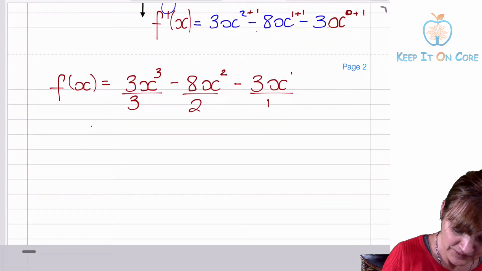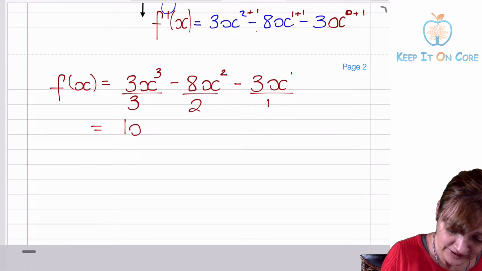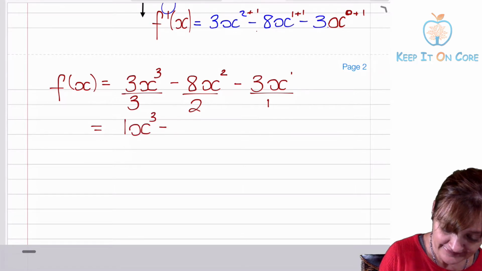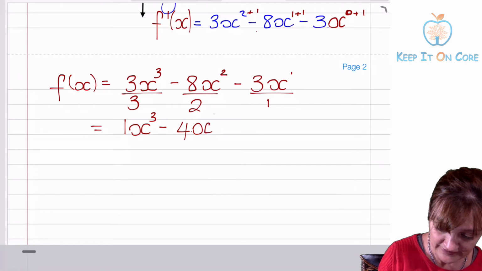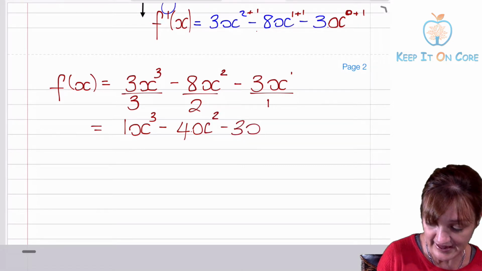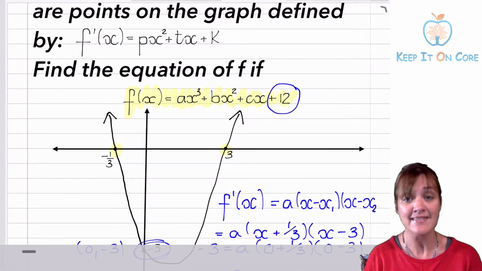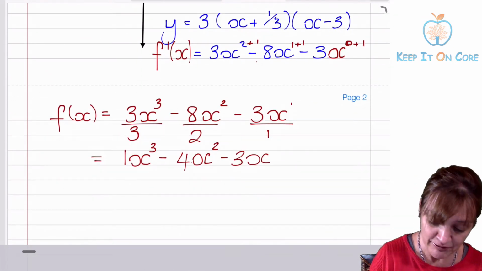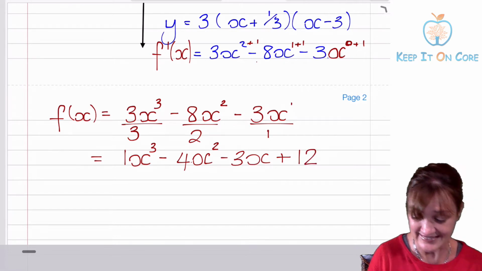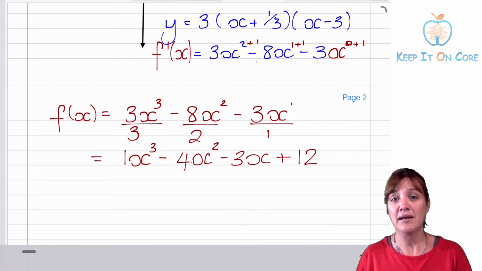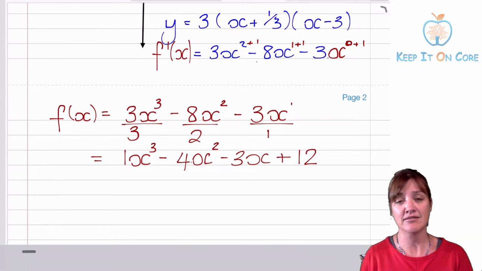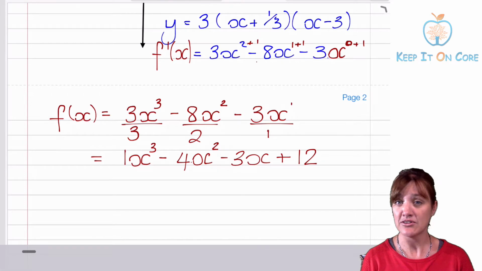So that leaves me with 1x cubed minus 4x squared minus 3x, and that constant term that we wouldn't have known unless they told us is plus 12. If we didn't know what it was and they didn't tell us, we'd have to leave it as a plus c, okay? It's just the normal kind of notation that they give to it. So if they don't give it to you, that's what you want to write at the end of your equation, all right? There we go, all right.